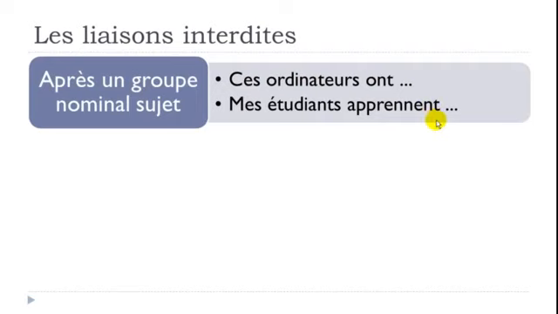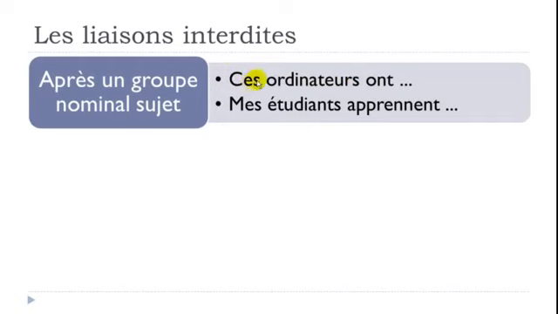The idea is that this subject is what we call un groupe nominal. So it's not a first name, and it's not a pronoun like je, tu, il. It's a word or a group of words. And in that case, you don't make a liaison after this groupe nominal.